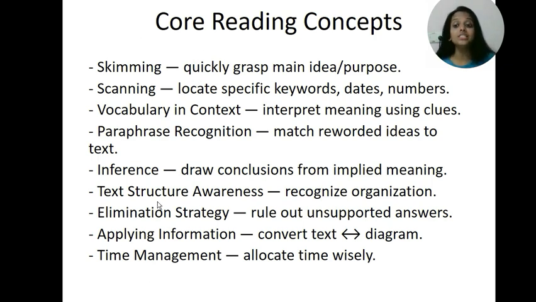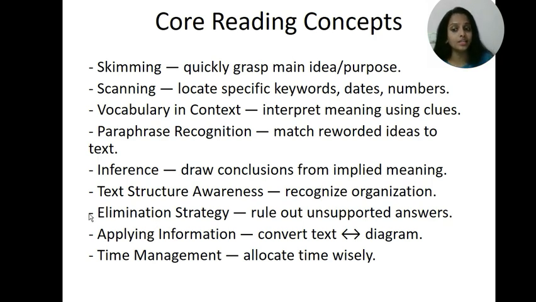Next comes text structure awareness. This means identifying how a passage is organized, whether it gives you a general idea followed by supporting examples, it contrasts two opinions, or lists causes and effects so that you can predict where certain types of information will be found. So, this text structure awareness is very important in reading.